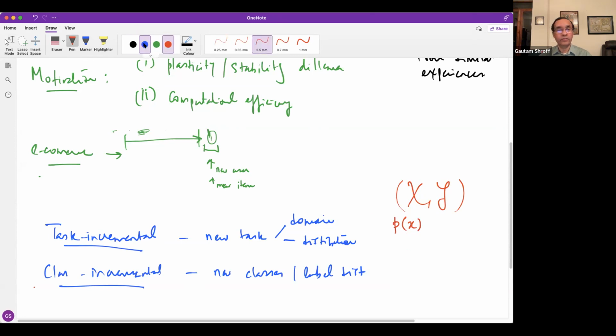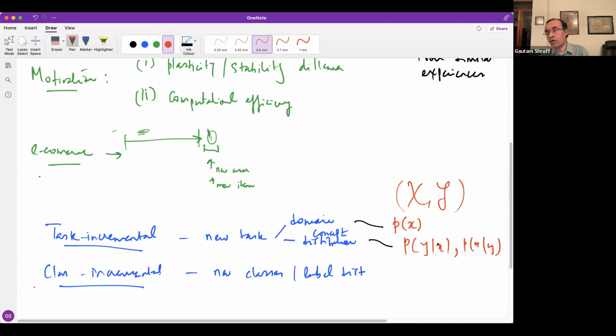This is sort of the concept. The concept distribution is the probability of Y given X or the probability of X given Y. So how do the labels and the images actually relate to each other? That's the concept distribution, right?